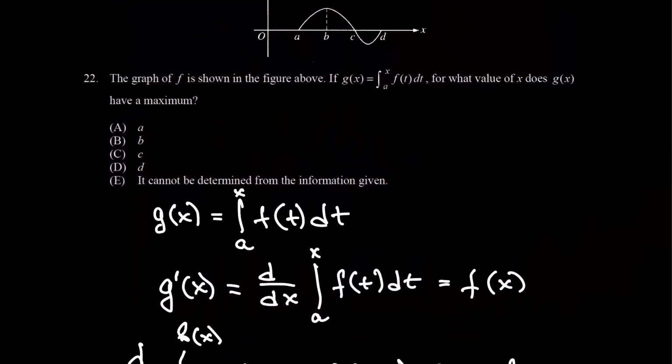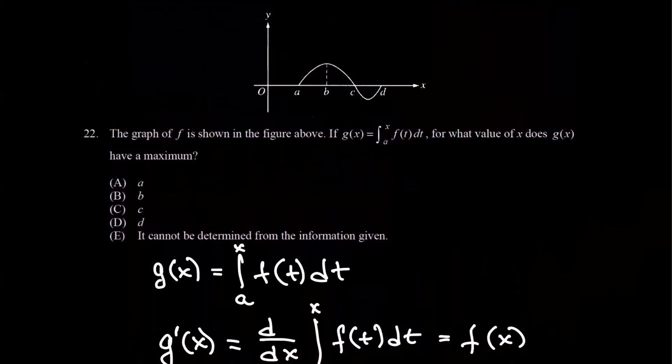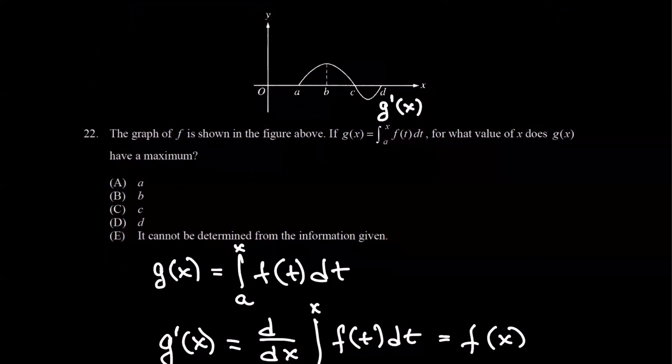And so going back to this graph here, this is g prime of x. And so when does the function have a maximum? It has a maximum when the derivative is equal to 0 and changes from positive to negative.